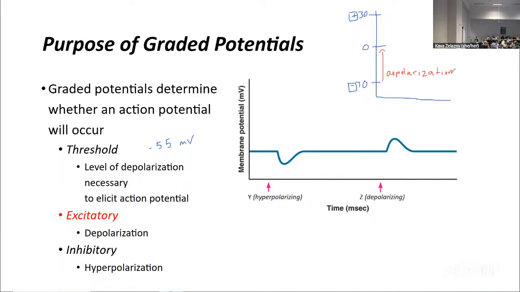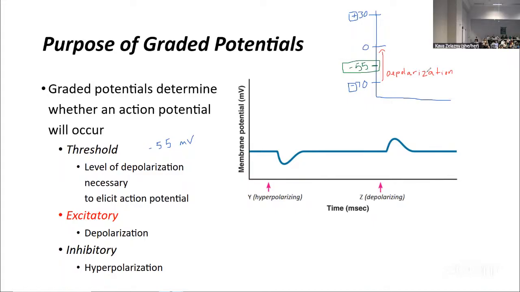So some of our graded potentials will be depolarizing. We're checking whether they are depolarizing enough to hit -55, which is our threshold. That's our question: did we depolarize, or go up, enough to hit -55? If we do, we fire off a big action potential, which will have a bunch of named phases that we'll talk about later on.